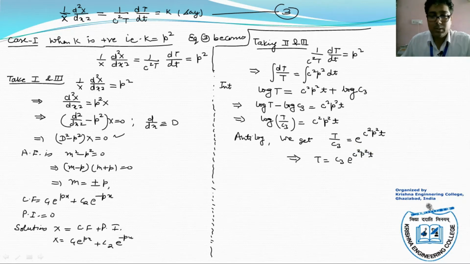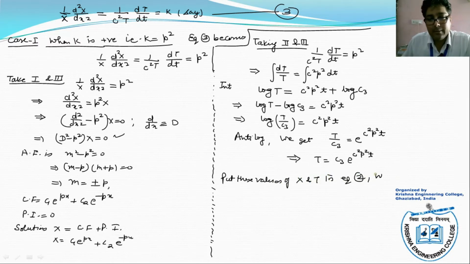Clear? Put these values of capital X and capital T in equation second. We get u of x, t is equal to capital X, which is c1 e to the power px plus c2 e to the power minus px.